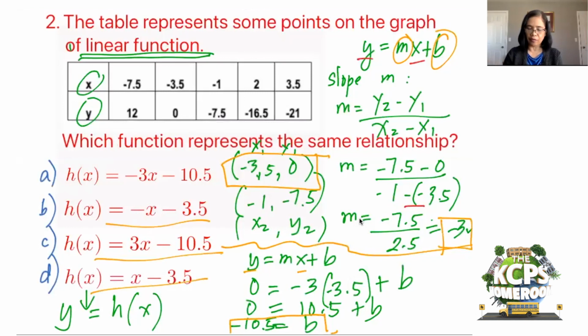Even without solving for b, we are already able to eliminate these 3 choices. So the first choice here is actually the correct answer, and it represents the same relationship as the table of values provided. So m is negative 3 and b is negative 10.5.